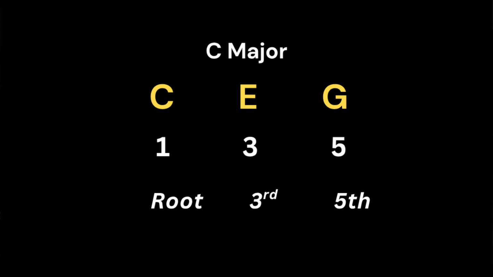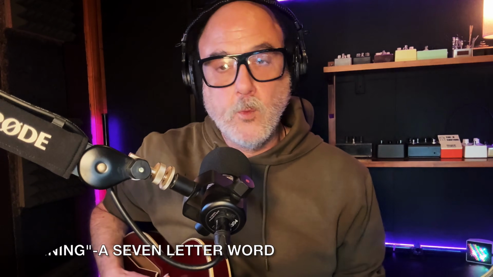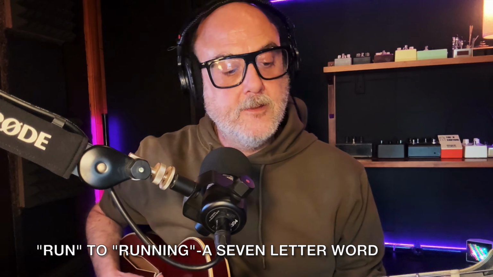So in music, a chord, we can add extra letters too, and it changes the meaning, but it still comes back to the core word. In C major, the core word is C, E, G. These are the core letters, C, E, and G. But if we took this and we wanted to do something like we did to run and make it running, well, we have to add some extra letters.